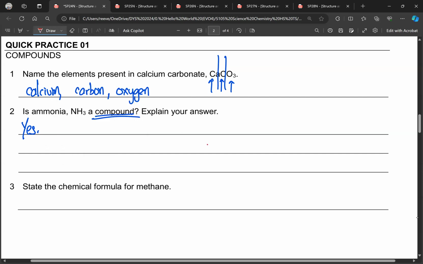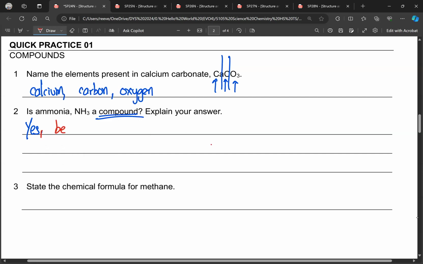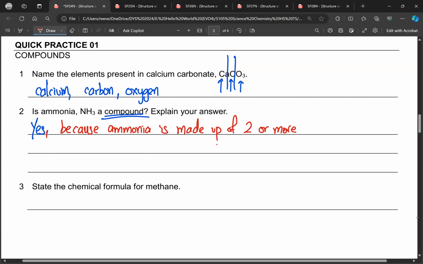Okay, yes, it is a compound because ammonia is made out of two different elements. Sorry, there's no "two or more", there's only two.